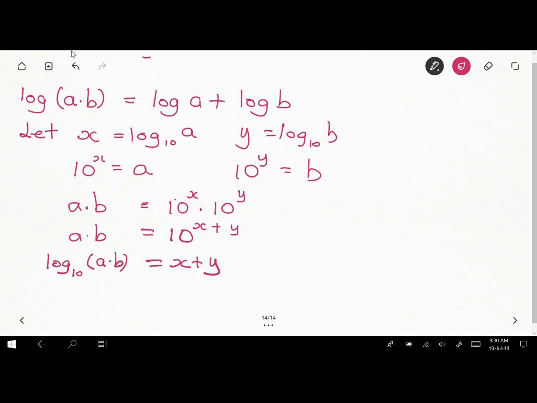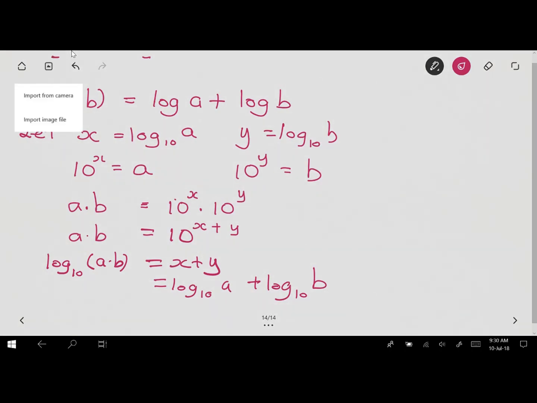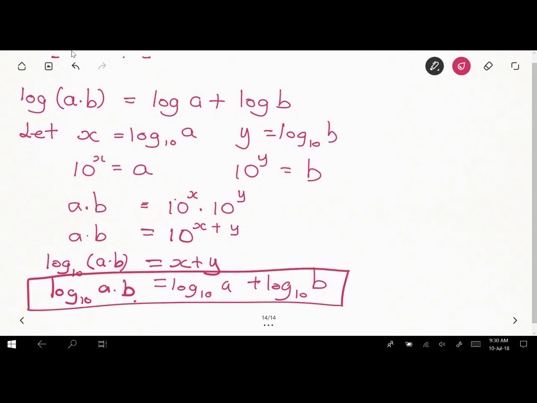Take note that x is equal to log 10 a and y is equal to log 10 b, so this is equal to log 10 a plus log 10 b. This gives rise to log 10 of a times b.